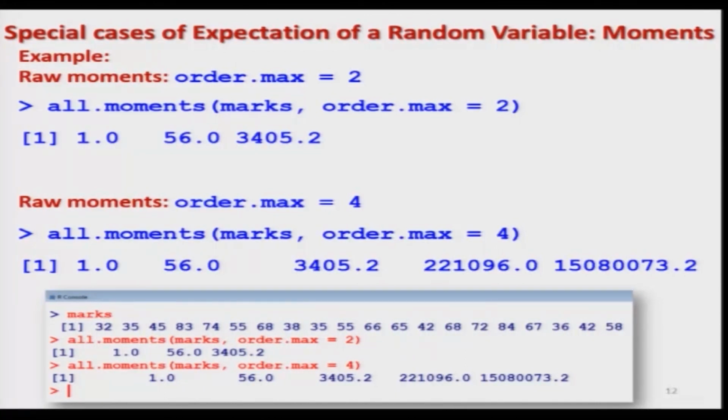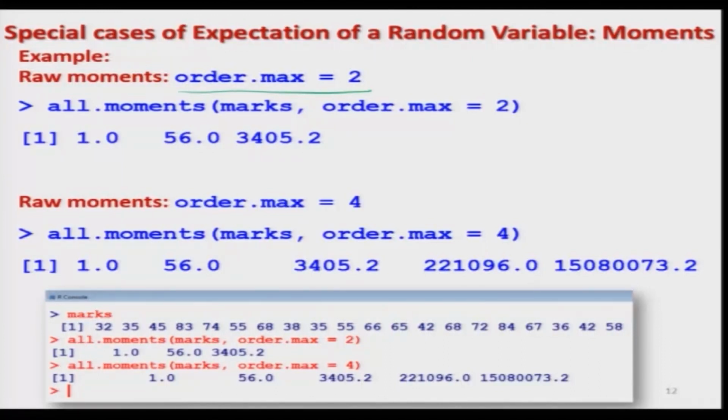Suppose I use the command order.max equal to 2, and we assume that we are interested in finding the moments up to second order. Now, you have to be careful. When you say order.max is equal to 2, what is the starting point? Is it from 0 or from 1?